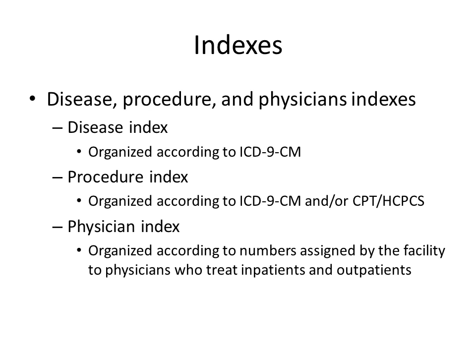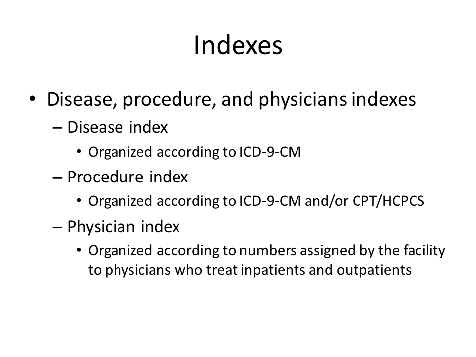With the disease index, this is the index that is organized with patient information according to the diagnosis codes. The procedure index is patient information that is organized based on codes and/or CPT and HCPCS codes. And of course the physician index is organized according to the numbers that have been assigned by the facility to physicians who actually treat patients, both the inpatients and the outpatients.